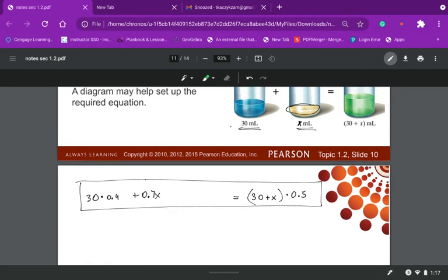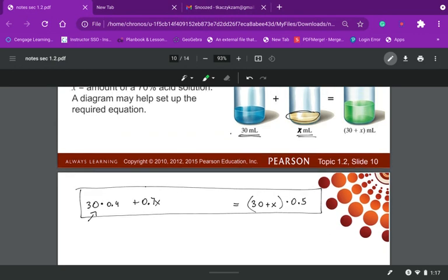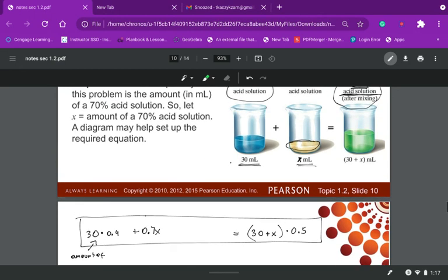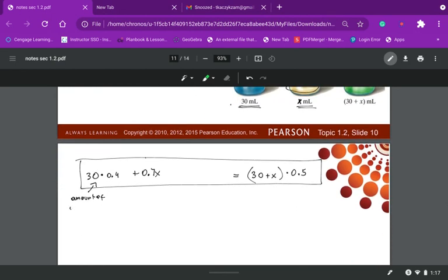Again, here, this is the amount of acid, in milliliters, from the first solution.